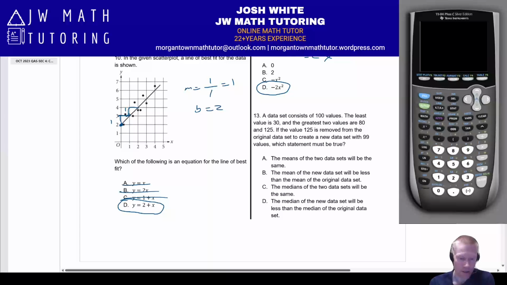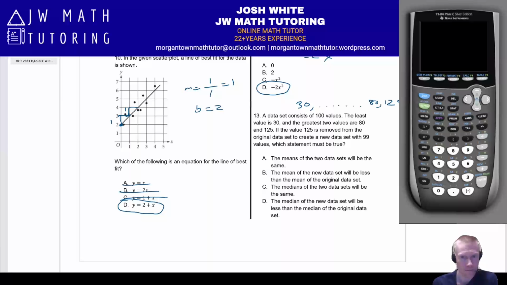For 13, here you have a statistics related problem. So you have a data set, it has 100 values in it, and the values basically range from 30 to 125. So we got 30, and a whole lot of values, then 80, then 125, at the top end.